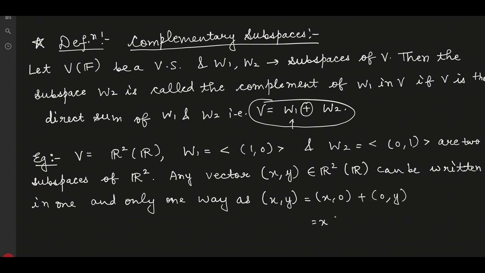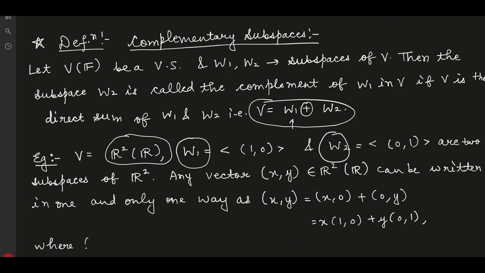This is like x into (1, 0) plus y into (0, 1). In the starting of direct sum, I told you that every vector of this vector space can be written as the sum of elements of these two subspaces, where (x, 0) belongs to W1 and (0, y) belongs to W2.